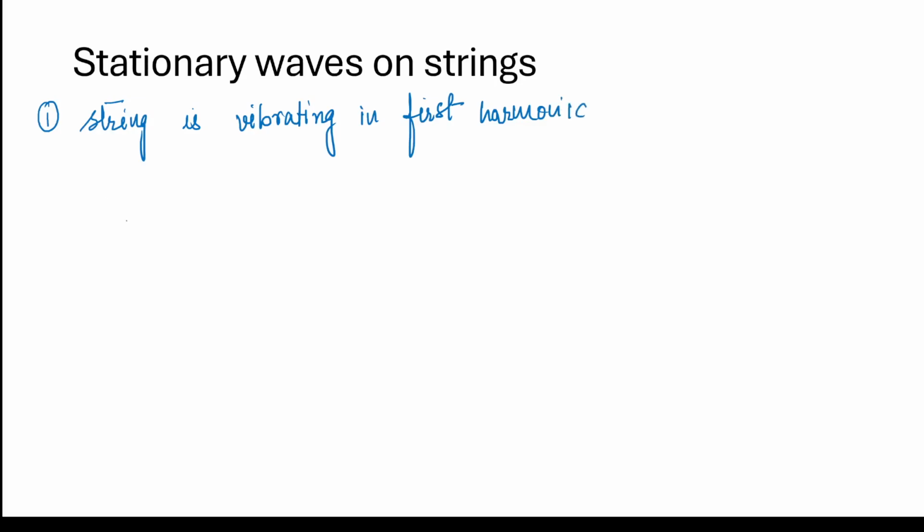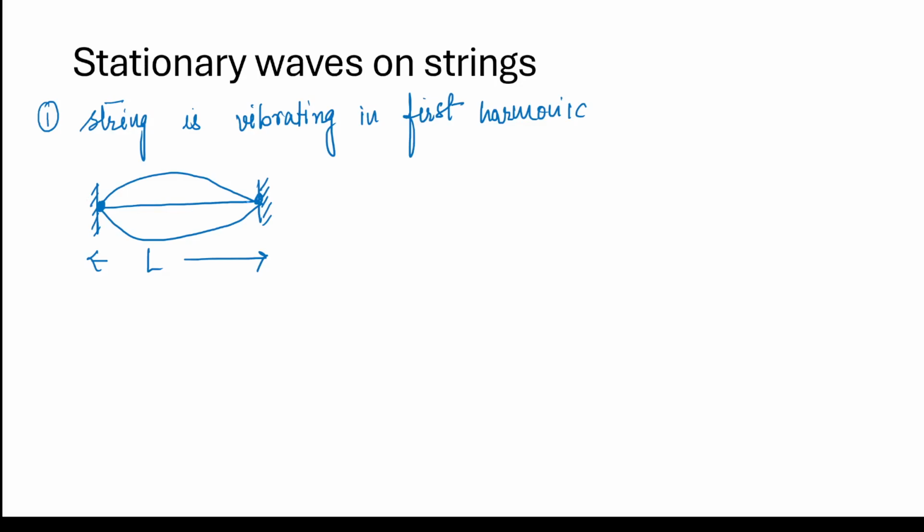Now let's say there's a string which is tied between two fixed ends, and the string has length L. If I want the minimum frequency for this string, the fixed end is always a node, so this would be a node. So a wave will go here and will come back. So this is the minimum frequency. So this is how a string in the first harmonic looks, just one loop.